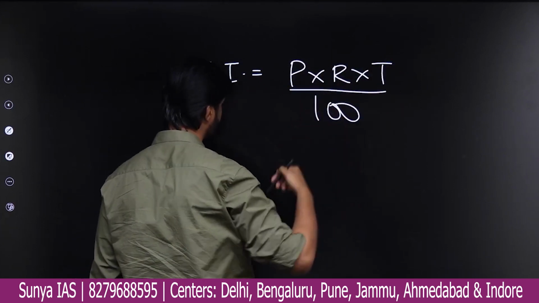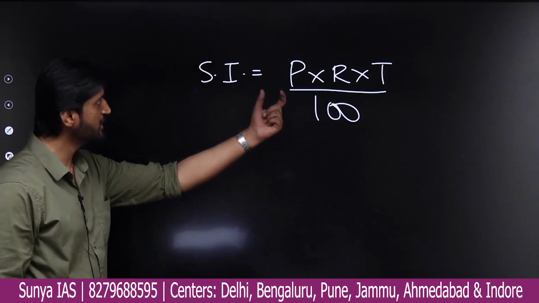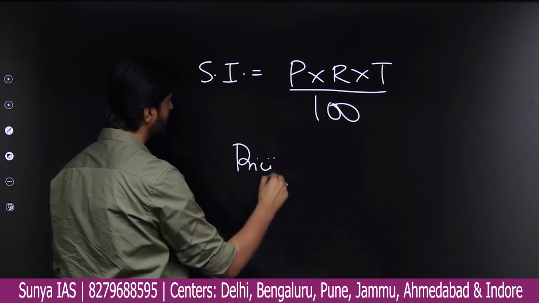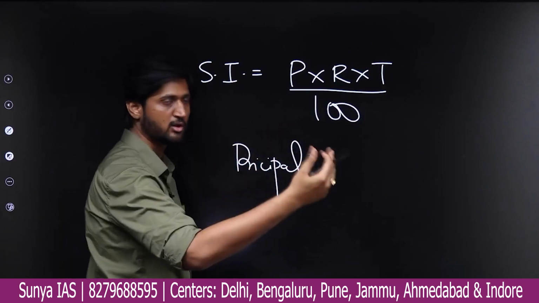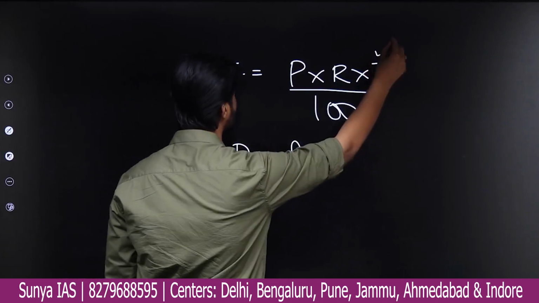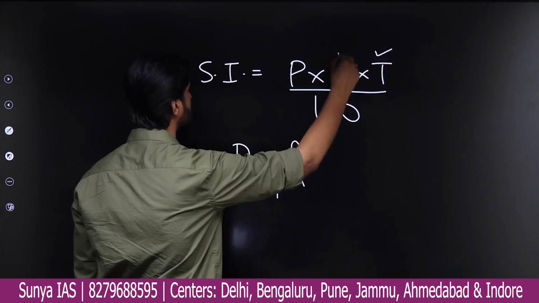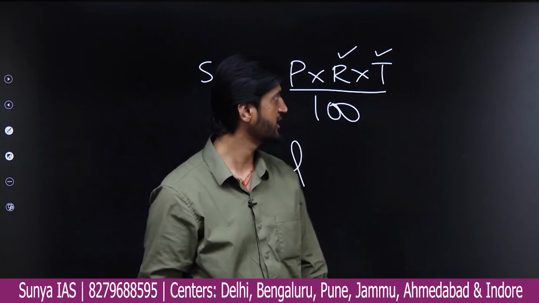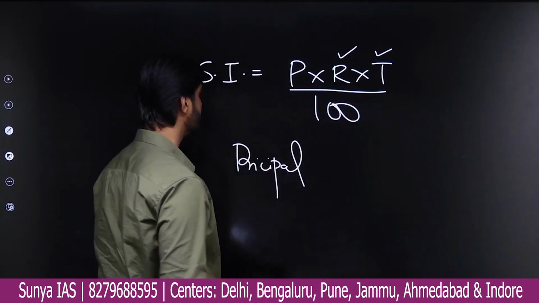So this is simple interest. Here P is nothing but the principal amount, the amount you give as a loan. Then T is nothing but the time period, and R is nothing but the rate of interest at which you are lending to the other guy. This is the basic idea of simple interest.